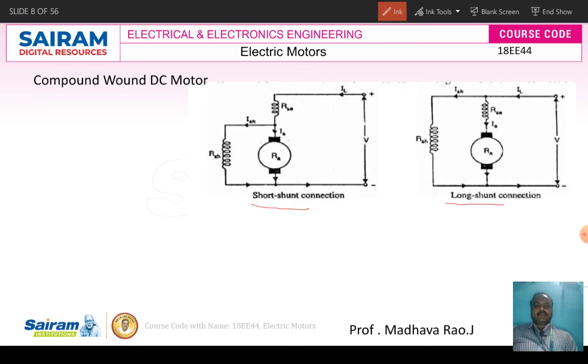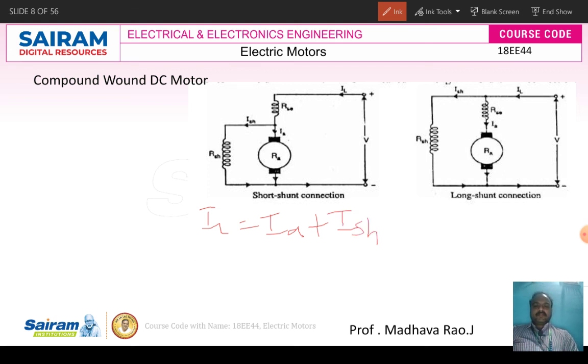Here in the short shunt, the line current IL is equal to IA plus ISH, right?